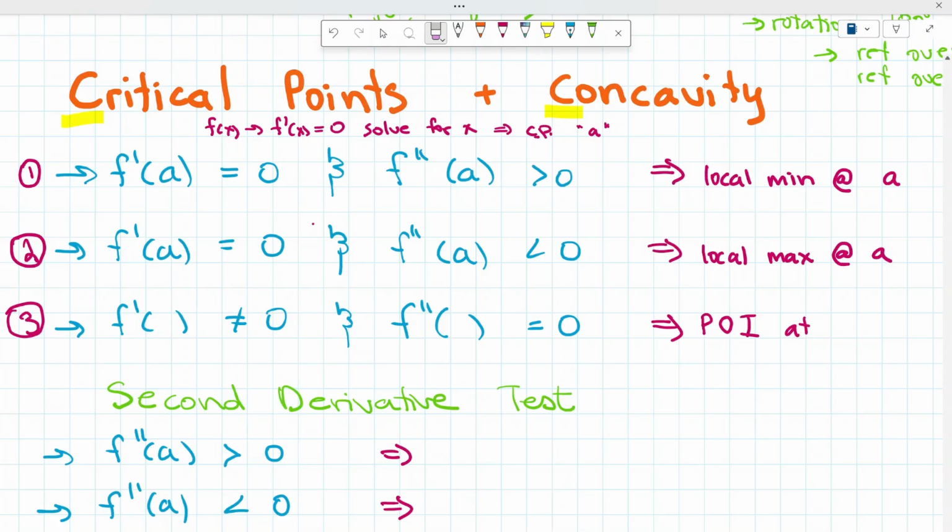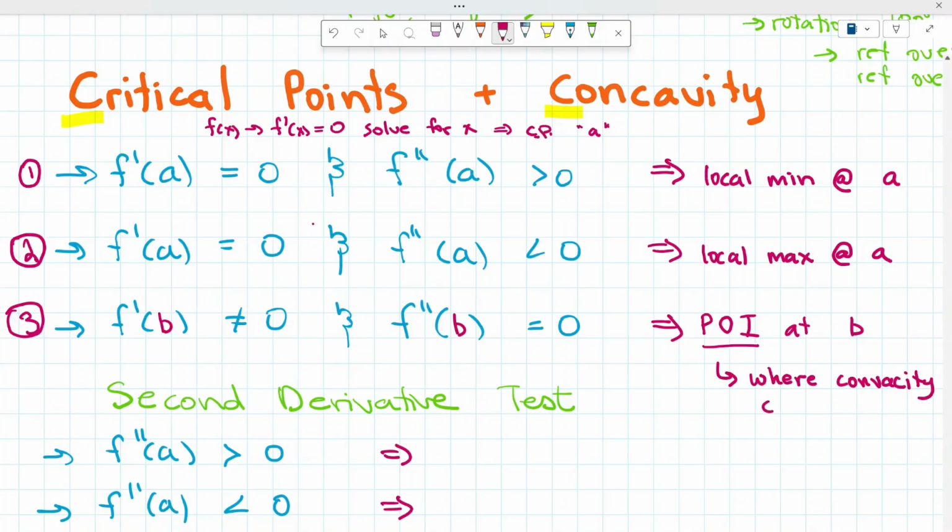Because really it's not our main critical point. It's a point of inflection. It's a different type. So basically, in order to find this point, we just have to take the second derivative and set it to 0 and then solve for x. And that will give us our point of inflection. So what is a point of inflection? That's a point where concavity changes.